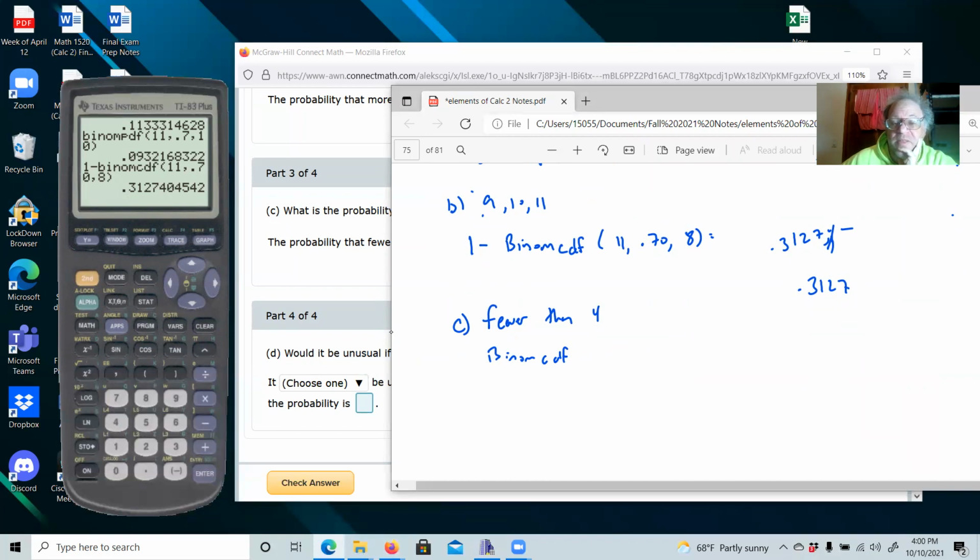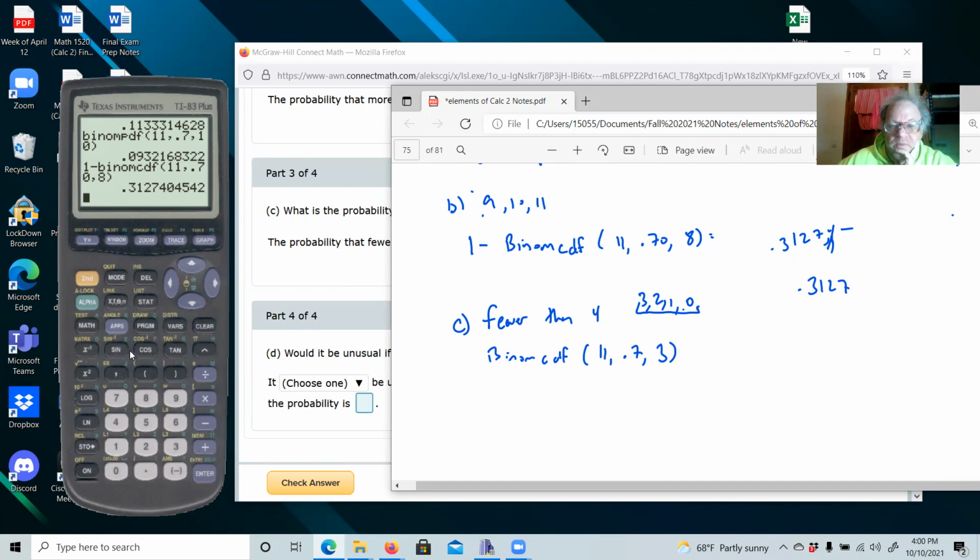I don't think so. The numbers that are fewer than 4 would be 3, 2, 1, and none. Since my cumulative distribution will already count that without any modifications, we're just good to go. So we want binomcdf 11, 0.7. What are we counting up to? We're going 0, 1, 2, and 3. We're going to put 3 here.